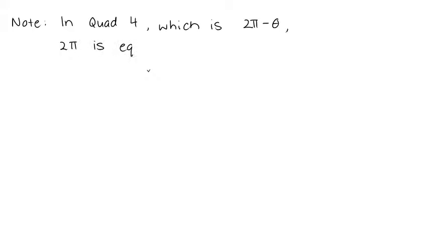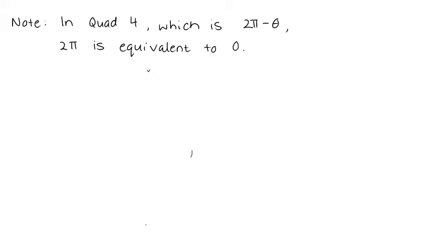So, notes in quadrant 4, which is 2 pi minus theta. 2 pi is equivalent to what? 360 degrees, but it's also equivalent to 0 because that's where you start, right?